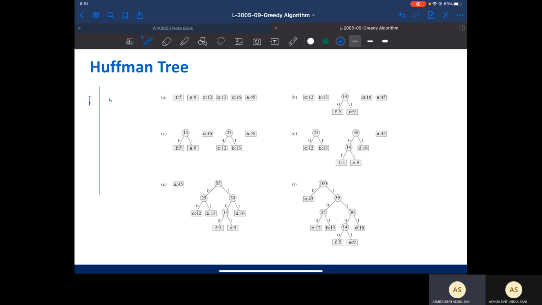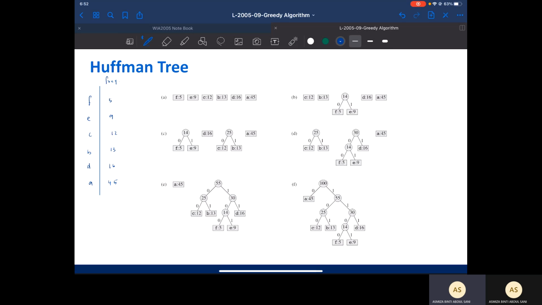So F is 5, E is 9, C is 12, B is 13, D is 16, A is 45. So this is the frequency.